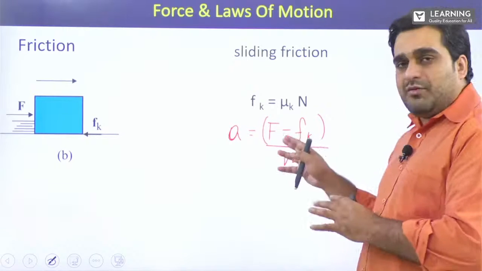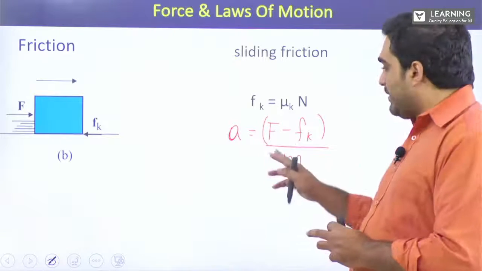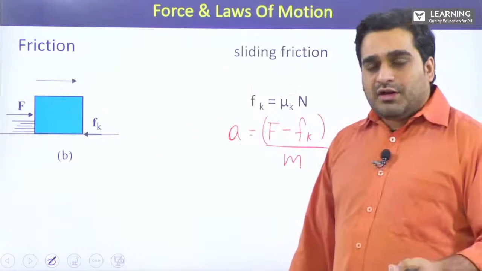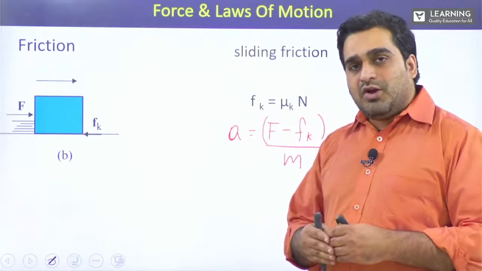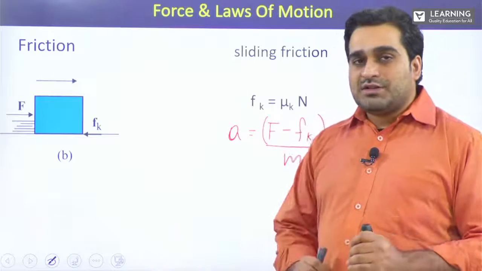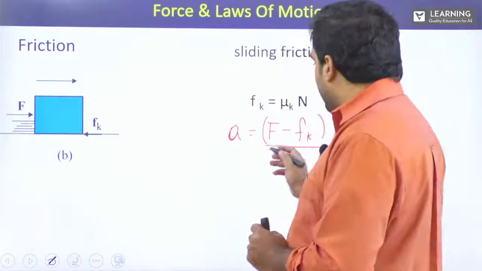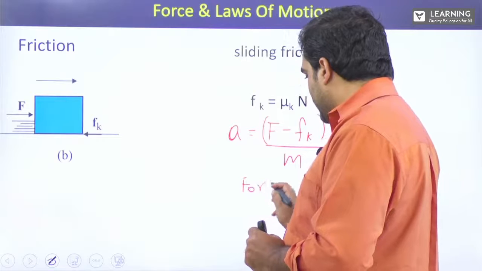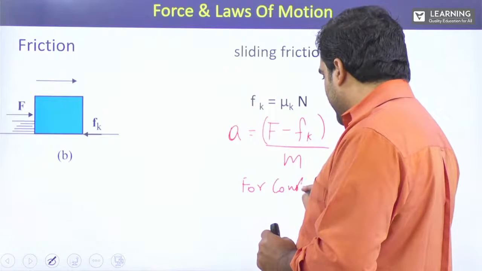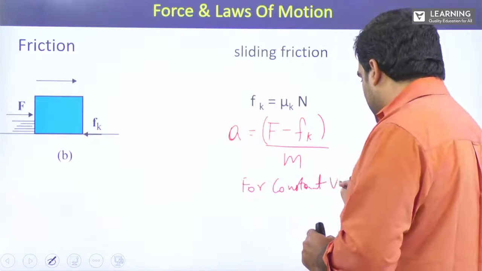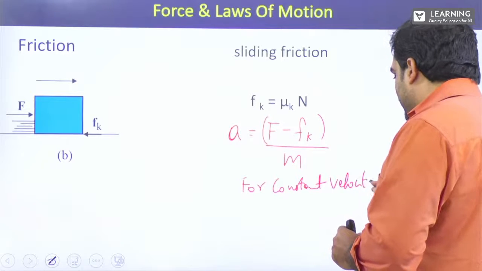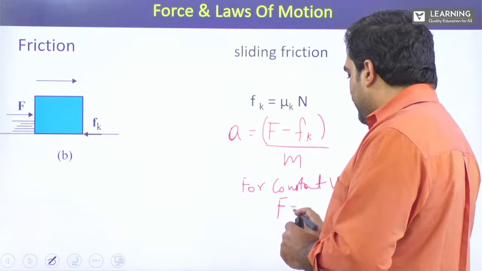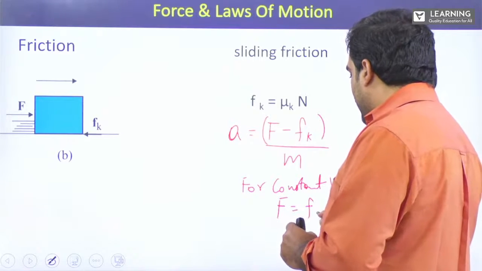Now let us play along with some of the parameters. If the force F is such that the object moves at a constant velocity, let's make note of that, for constant velocity, obviously there will be no acceleration, but what we observe is that F will be equal to Fk.